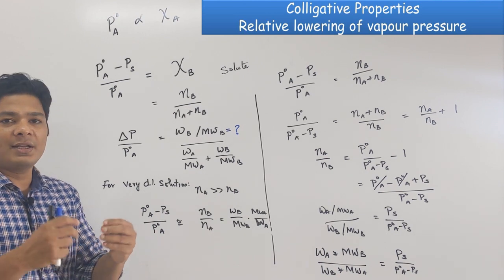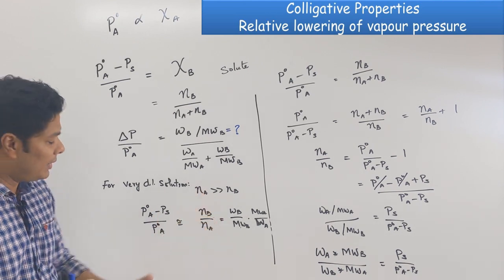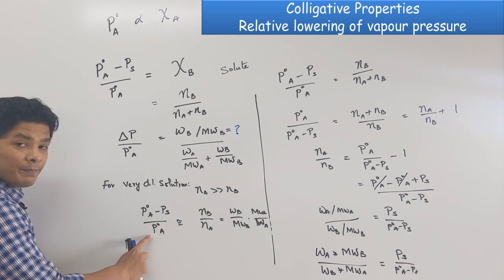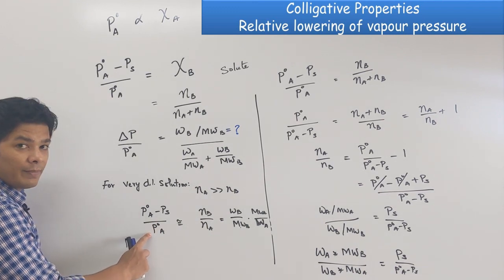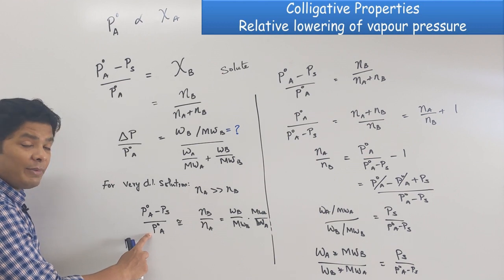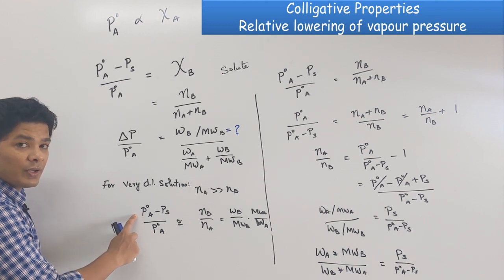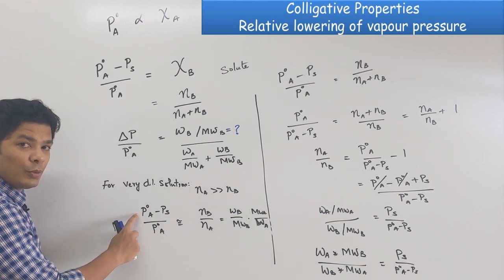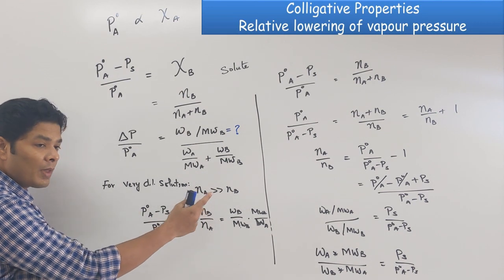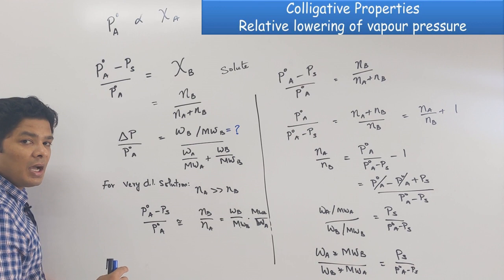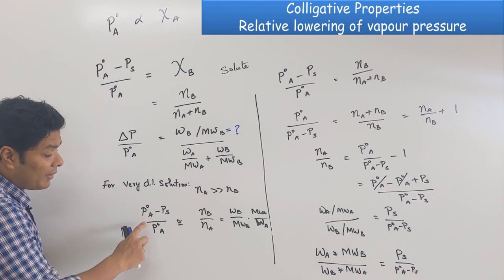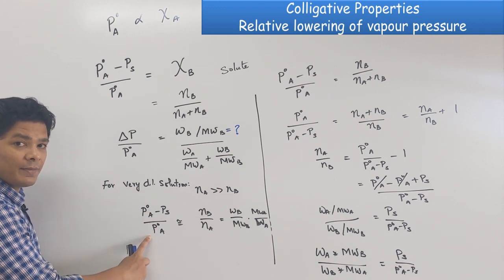We cannot just decide like that whether 5 is a small or big number. 5 compared to what? If this is 750 or 760 millimeter of mercury, and this is 5 millimeter of mercury, it is extremely low. Compared to 765 it is a small number, so I can make this approximation. What if the change in vapor pressure is 100? 100 is significant out of 760.